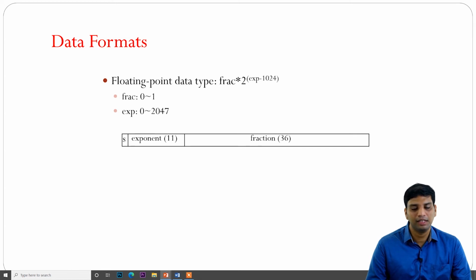It is divided into three things: S, exponent and fraction. S is represented in 1 bit, exponent in 11 bits and fraction in 36. 36 plus 11 is 47, 47 plus 1 is 48. This is how a floating point value is represented. The value is given by the formula fraction into 2 power (exponent minus 1024). This is how a data format is represented.